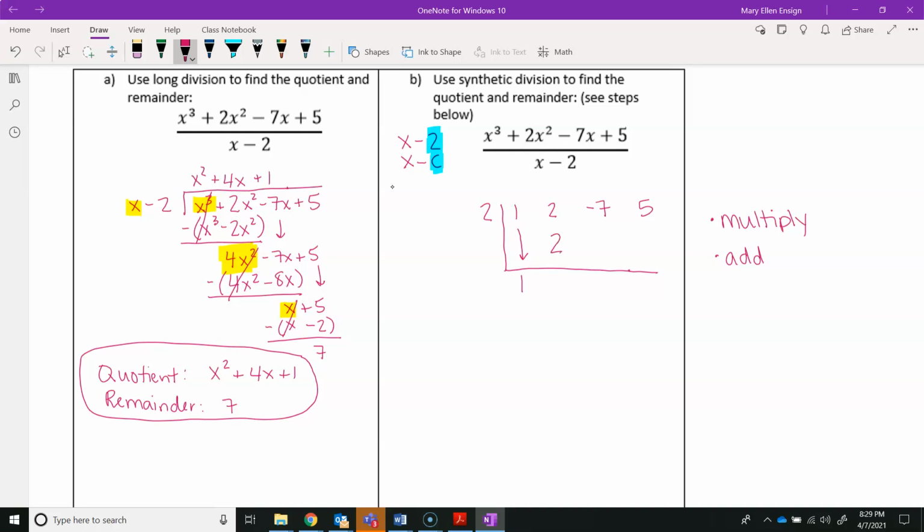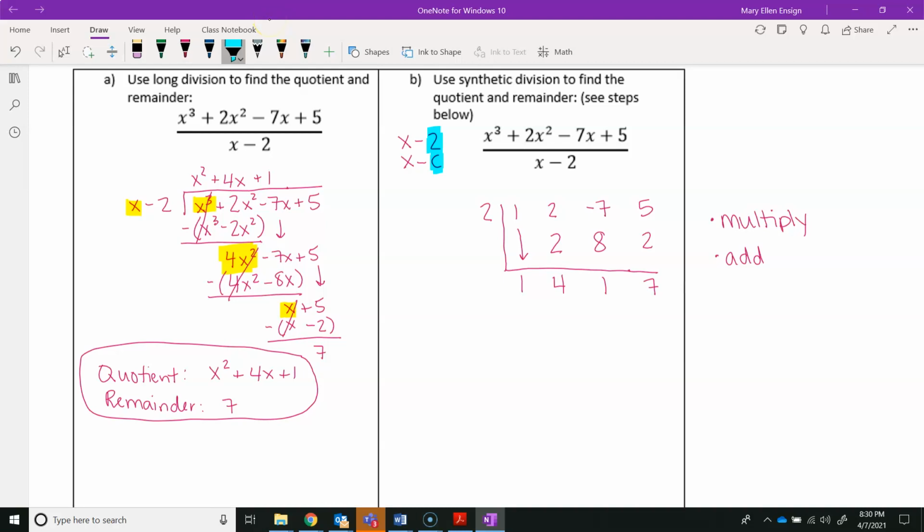And then I add these 2. 2 and 2 is 4. And then I multiply. 4 times 2 is 8. And then I add. -7 plus 8 is 1. And then I multiply. 1 times 2 is 2. And then I add. 5 plus 2 is 7. And that's all I have to do.